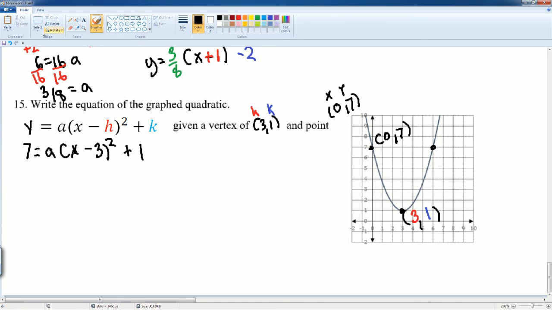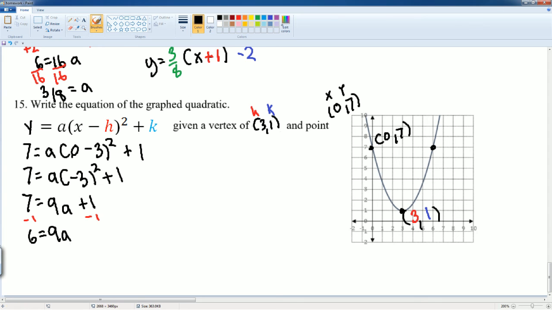X is 0. Do you see why 0 works really well? So 7 equals a times (negative 3) squared plus 1. Simplify. Negative 3 squared is just 9, so it's 9a plus 1. Subtract 1 from both sides, you get 6 is equal to 9a. Divide by 9 on both sides.